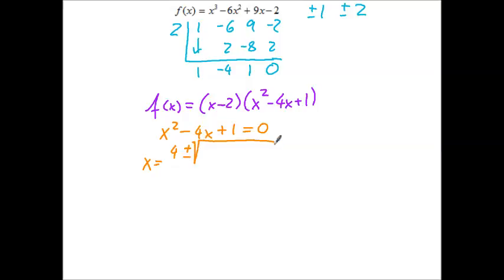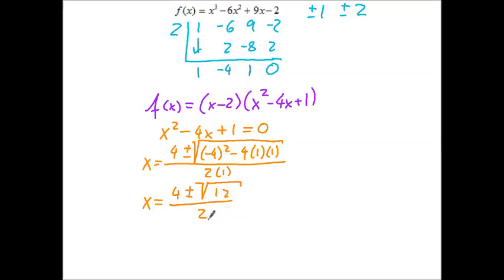Plus or minus the square root of -4 squared minus 4 times 1 times 1 all over 2a, which is 2 times 1. Then we get x is equal to 4 plus or minus the square root of 12 divided by 2.